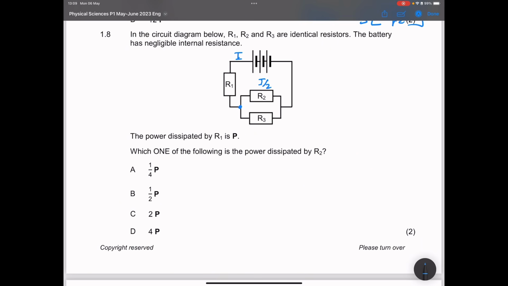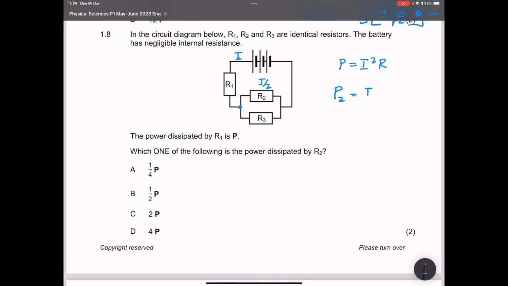Right, now in this case, remember power is equal to, let me relate power to current. So this would be I squared multiplied by R. Okay, so P, the power on R1 rather, would be I squared times R1. But remember, R1 is equal to R2 is equal to R3. So I might as well just say I squared R, right? Now on R2, the power, let's call it P2.